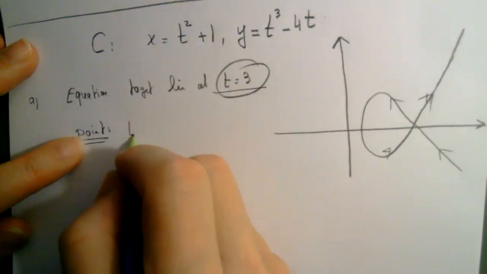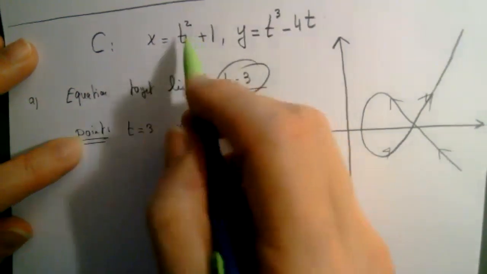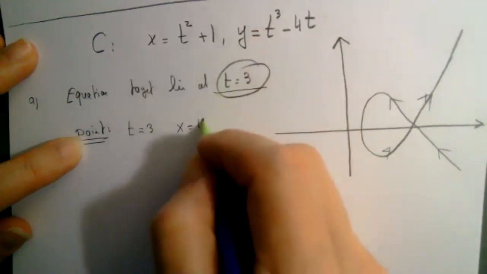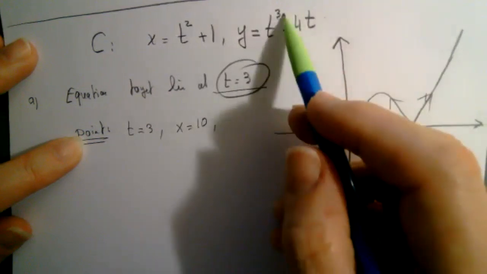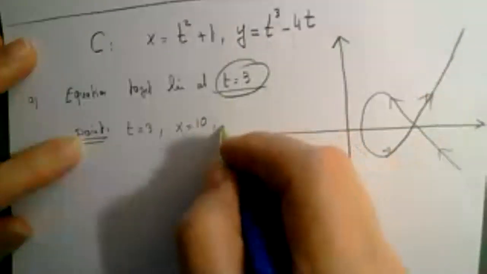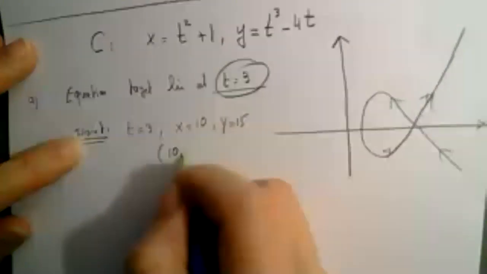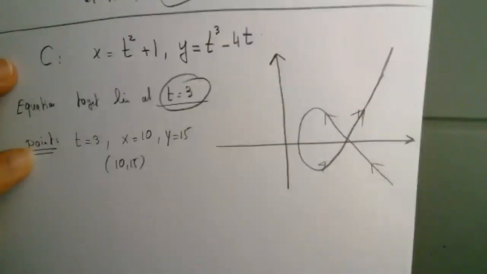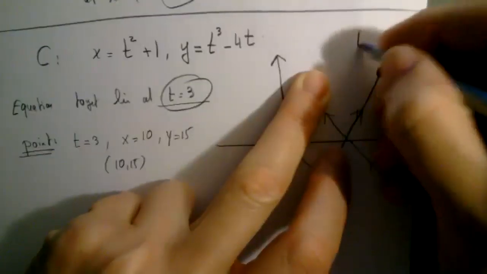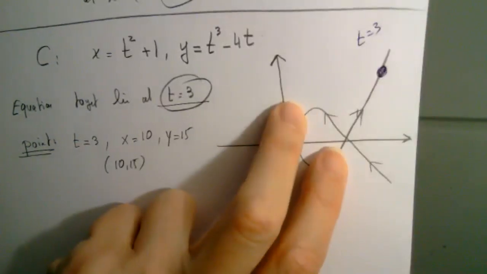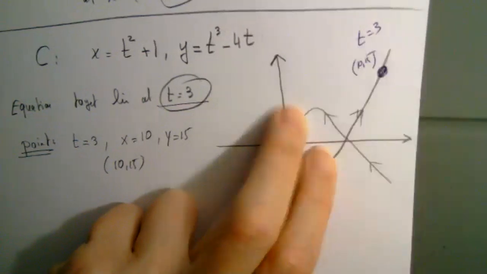If t equal to 3, the x is 9 plus 1, the x is 10, and the y is 27 minus 12, the y is 15. So the point on the curve is 10, 15, right here at t equal to 3.